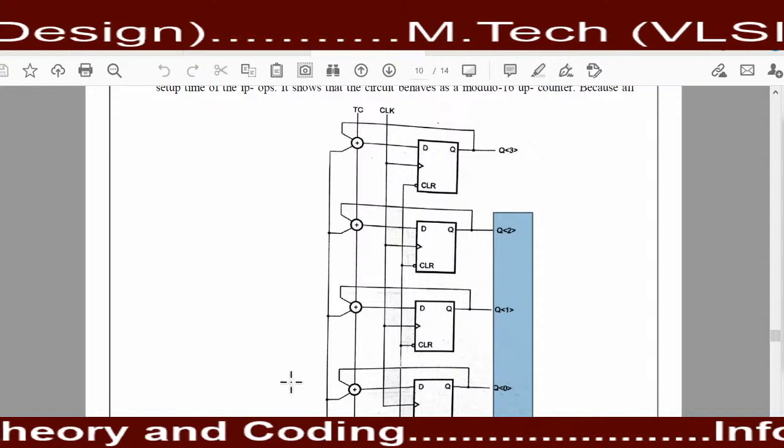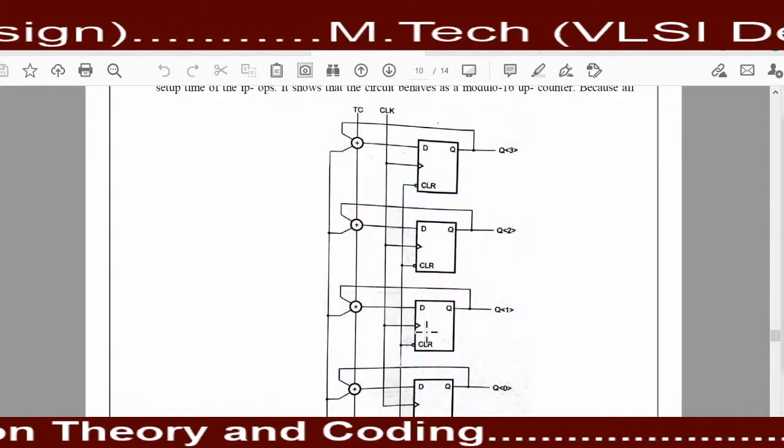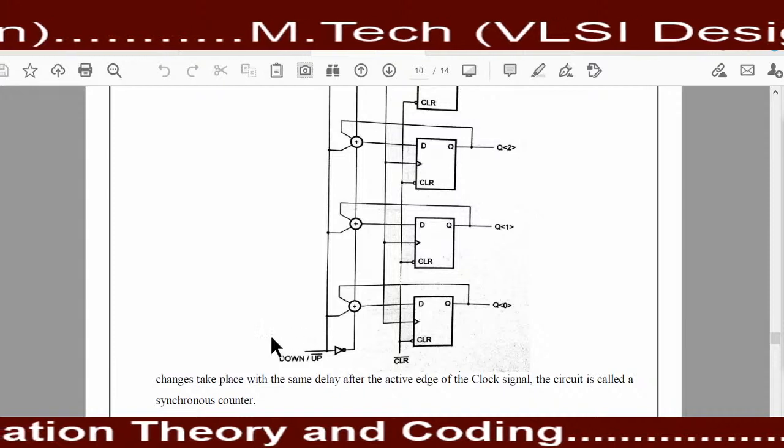Here this up-down sequence is nothing but a signal.